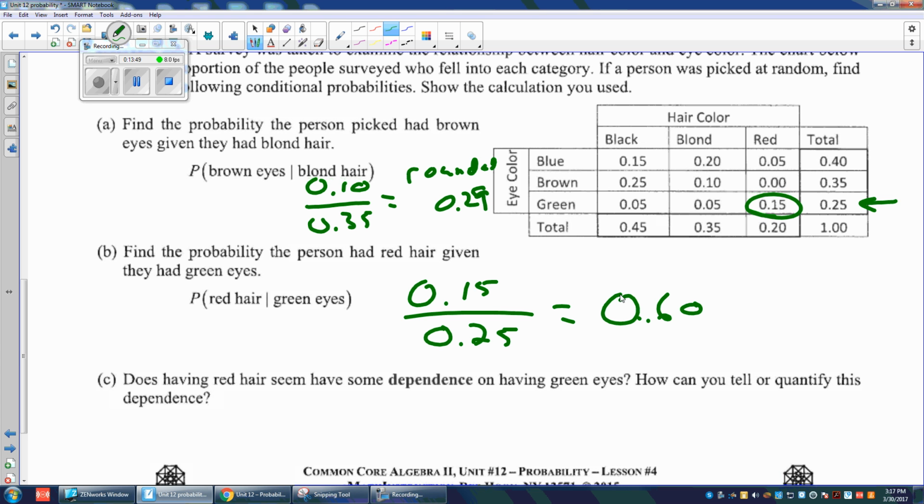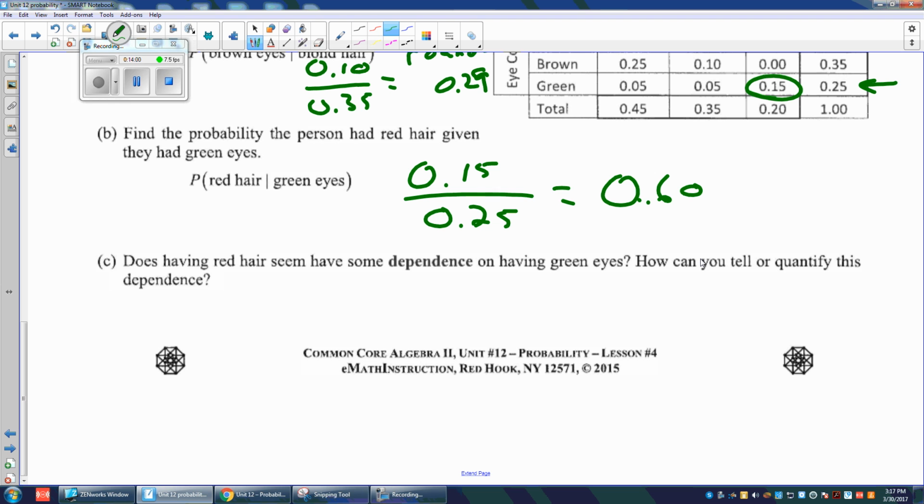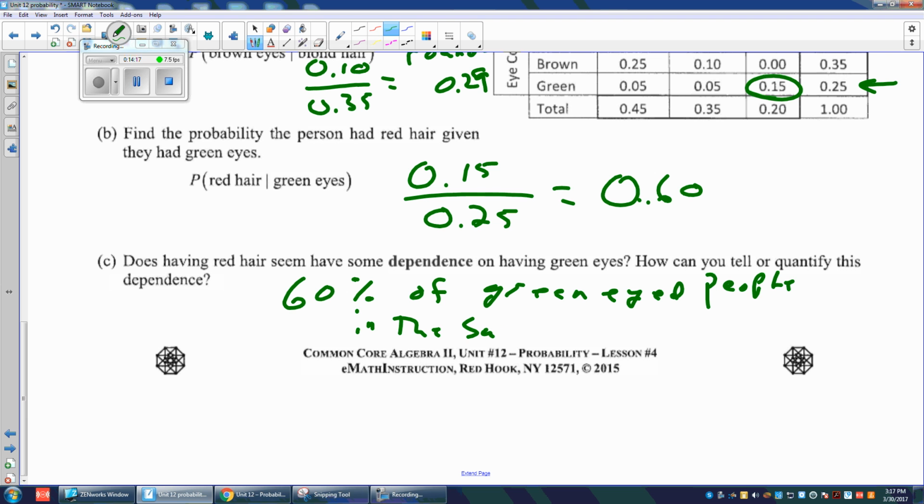Does having red hair seem to have some dependence on green eyes? I'd say so. How can you quantify this dependence? The fact that we just did the arithmetic: 60% of green-eyed people in the sample had red hair.